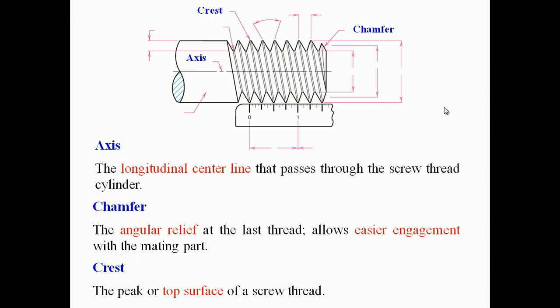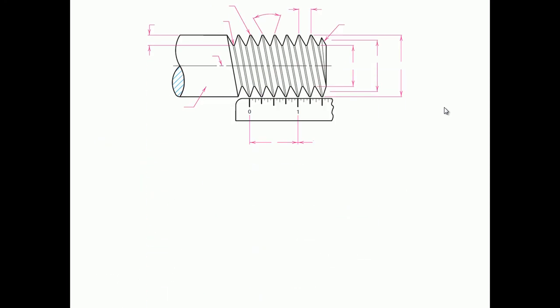So axis is the longitudinal center line that passes through the screw thread. Chamfer is the angular relief at the last thread, which should allow easier engagement with the mating part. The third one is the crest, the peak or top surface of a screw thread.